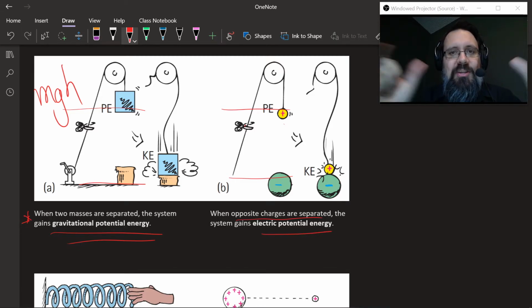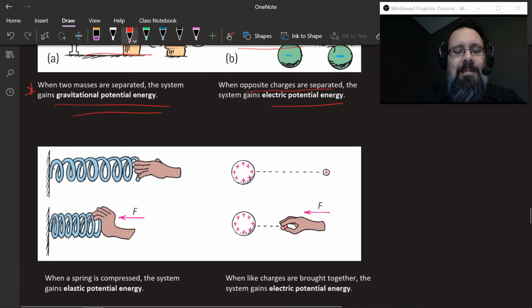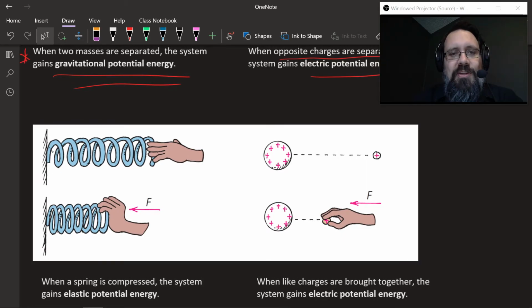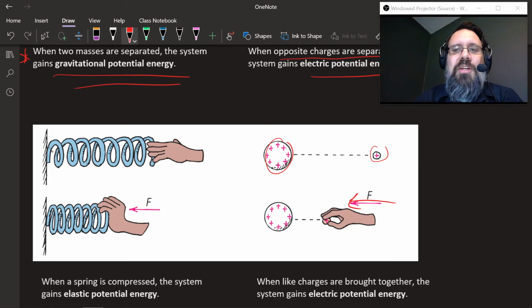So opposite charges are like gravity, but we also need to think about like charges, because gravity never repels, gravity always attracts. So what if the charges are the same? You can imagine if you have two like charges and I try to bring them together, squeezing them together, that's like squishing a spring.